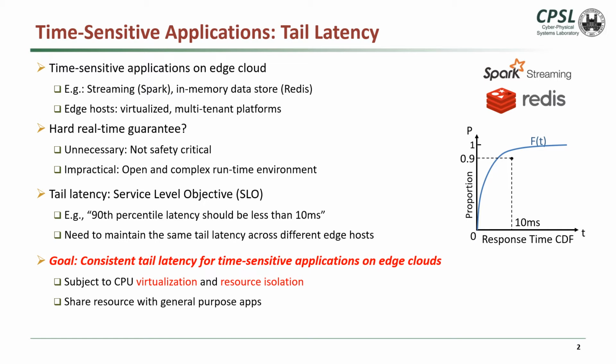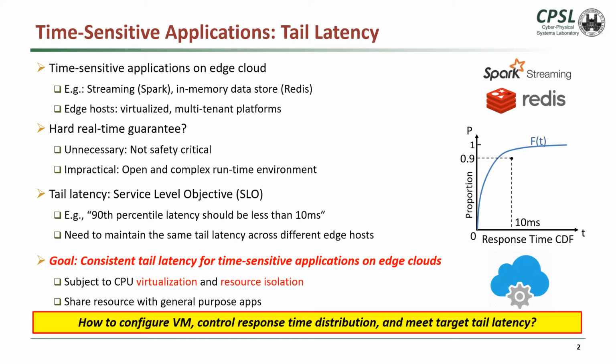The edge cloud is subject to CPU virtualization and resource isolation policies, and we want to share the resource with general purpose applications without sacrificing the performance of these time-sensitive applications. So the question is how we can configure the virtual machine, control the response time distribution, and try to meet the target tail latency.